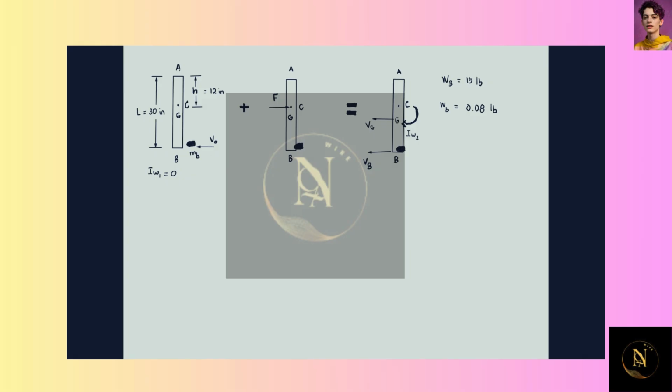Now, for letter B, we need to calculate the force at point C, which is the impulsive reaction due to the embedded bullet. So, assuming that delta T is 0.001 second, we're looking for F. So, let's write that one here.